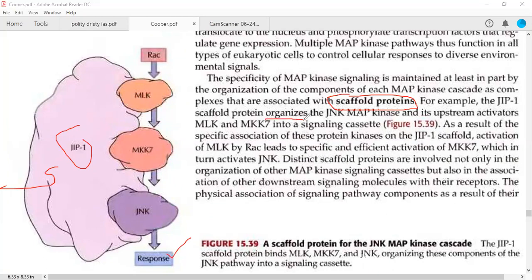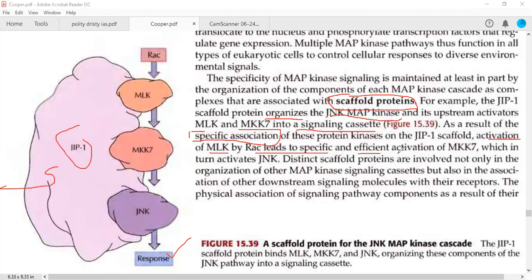It organizes the JNK MAP kinase pathway proteins and its upstream activators MLK and MKK7 into a signal cassette. This is very specific because all these are involved in a single pathway.